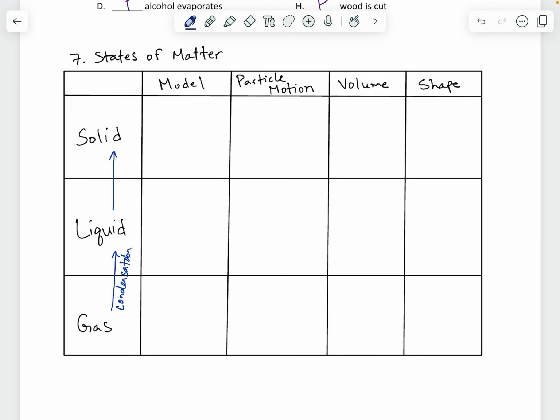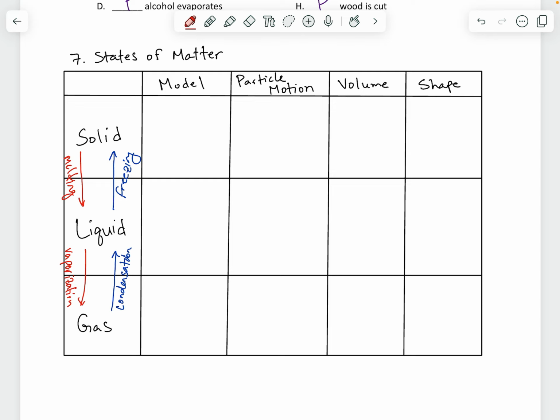Going from liquid to solid is what we call freezing. And then, of course, I can go the other way. And I can say going from solid to liquid is what we call melting. And going from liquid to gas is what we call, instead of boiling, let's use a more appropriate term, which would be vaporization.